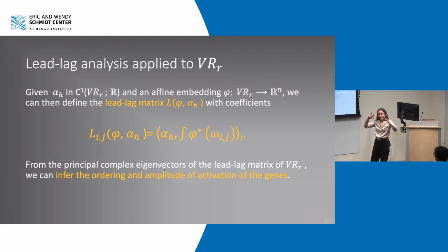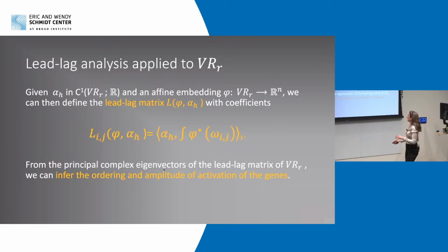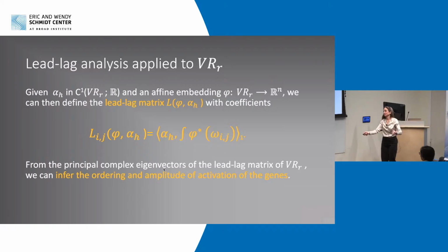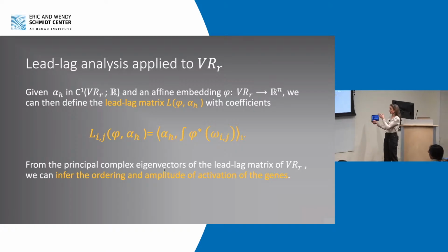And if you look at the plane determined by the principal eigenvectors of this matrix, that's going to give you a nice plane, and looking at projections onto that plane can actually give you a way of inferring the ordering and the amplitude of the different genes. There's a bit more math to do in that case. But the basic idea is that we have this really lovely skew-symmetric matrix, which we can analyze by standard methods from linear algebra, and come up with appropriate eigenvectors onto which we can project and determine interesting information about our genes.